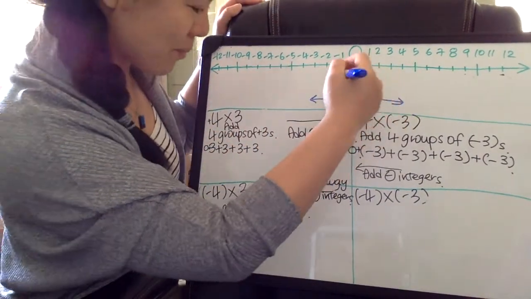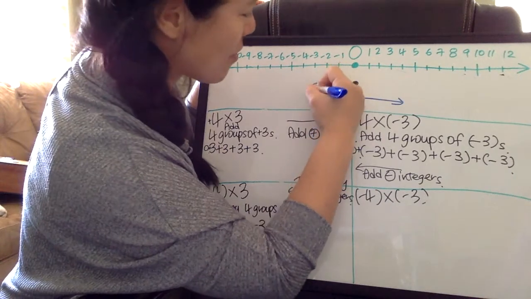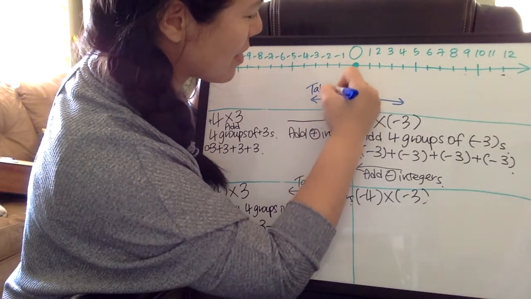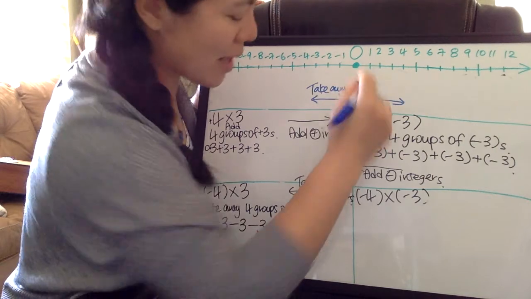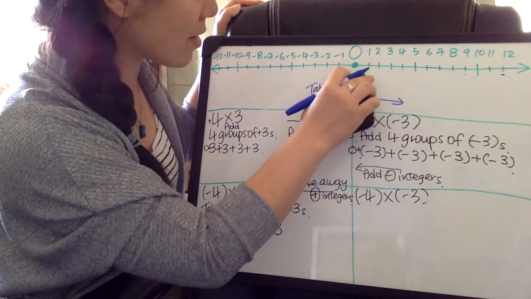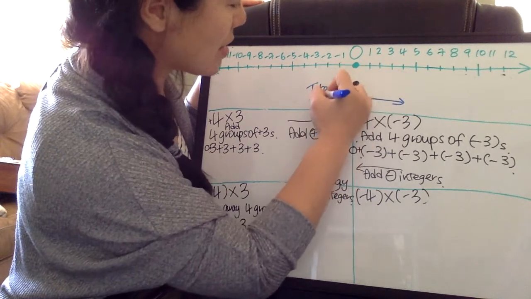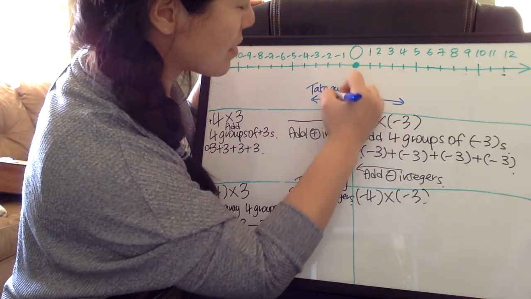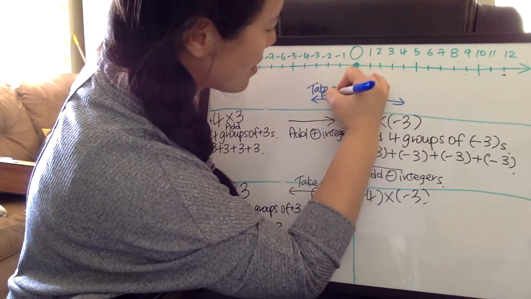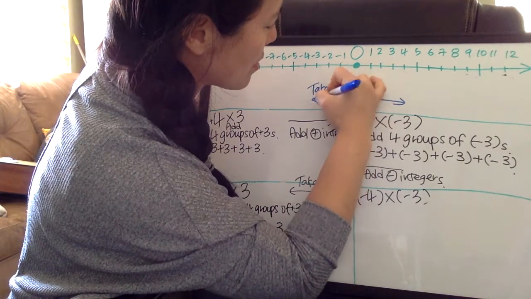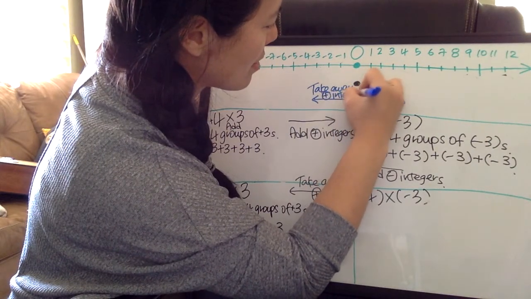Okay, so this was when you take away. Well, apparently I'm having a lot of trouble writing that. Take away negative integers. Whoa, no, I lied. Sorry, my bad.